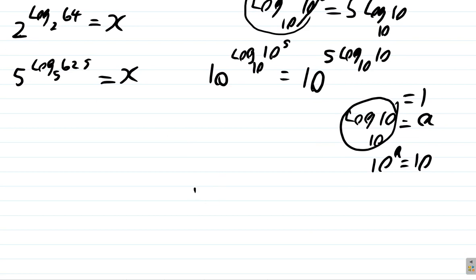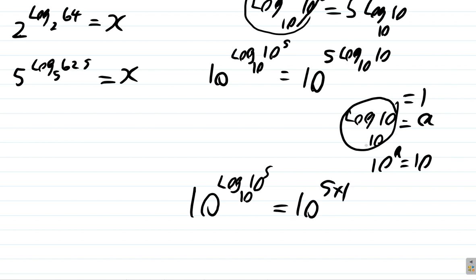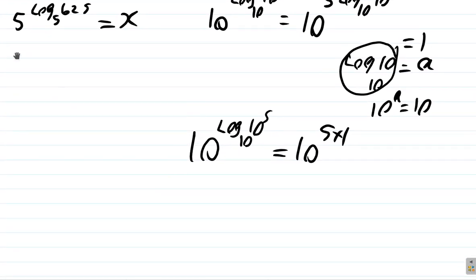Make sure you follow. So what we have is 10 to the power of log 10 to the 5, the base is 10, is equal to 10 to the 5 times 1, because this, as we saw a while ago, is 1. So 5 by 1 is 5. Therefore, 10 raised to the power of the log base 10 of 10 to the 5 is equal to 10 to the 5.